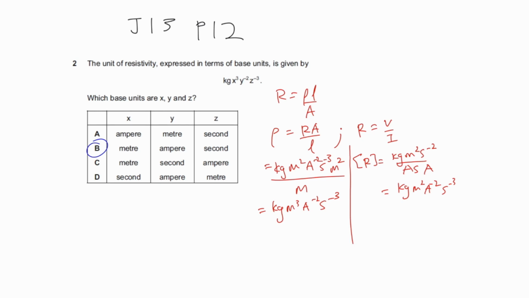Now, the resistance here, which has the unit ohm, is not a base unit. So I will need to convert the resistance in terms of ohm to base units. For that, I will use another formula for R, which is V divided by I. Therefore, the base units of R will be the base units for V, which is W divided by Q, that means energy per unit charge.